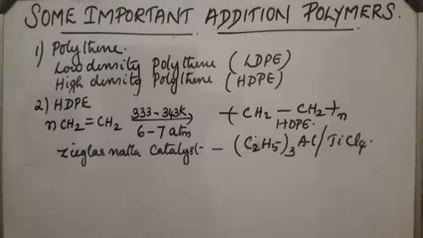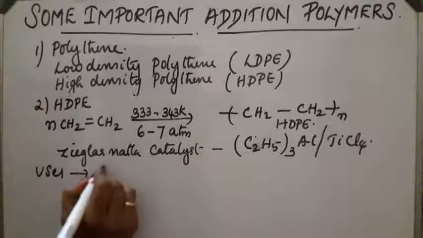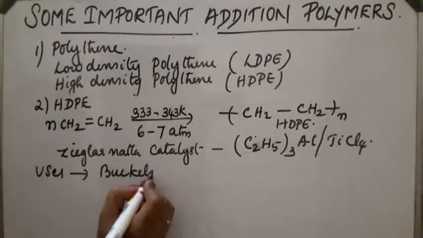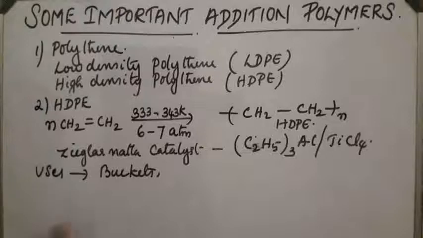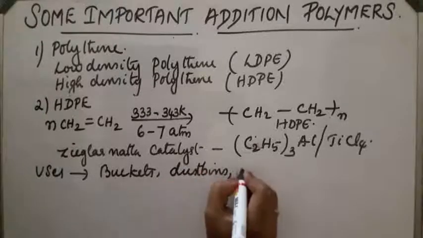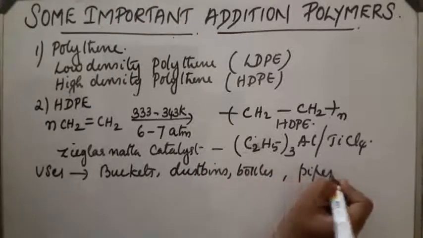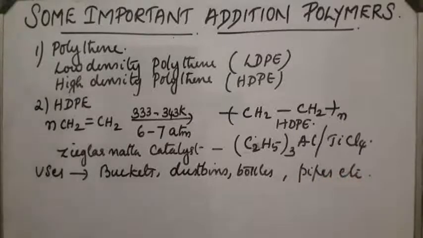That is why they are called high density polyethylene. Due to their close packing, they have high density. They are chemically inert, tough and hard. They are used for manufacturing buckets, dustbins, bottles, pipes, etc. These are the important uses of HDPE.